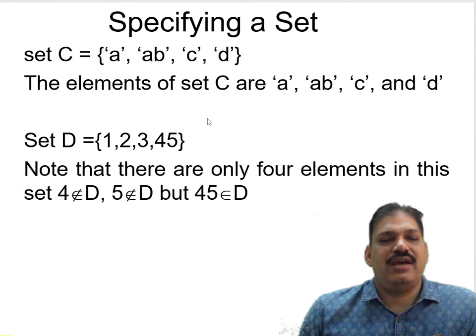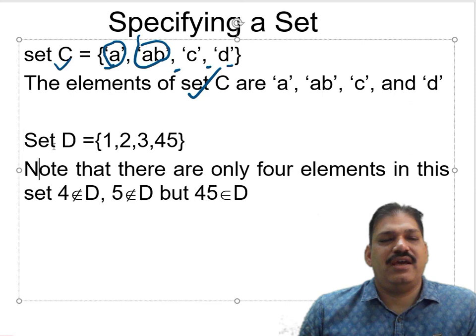Well, here we have a set C which contains these elements. So obviously the elements are 'A', then 'B', along with the inverted commas, separated by commas. So there are 4 elements, A, B, C and D. Here again there is a set D. This set D, how many elements can you find here?